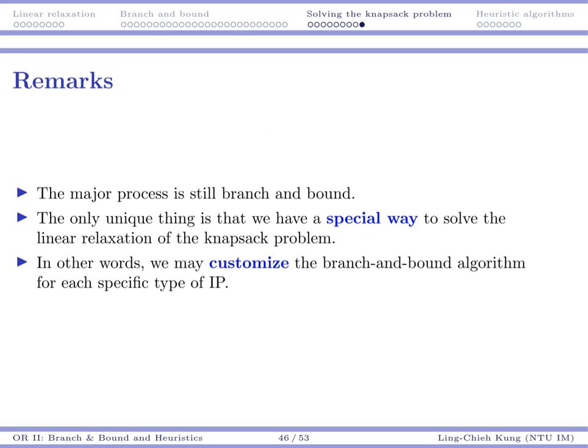So a quick remark is that the major process, again, is still branch and bound. The only thing that is unique is that we have a special way to solve the linear relaxation of the knapsack problem. For some other kinds of problems, we also face the same situations. It happens that in some cases when you are solving an integer program, you need to work on its linear relaxation.